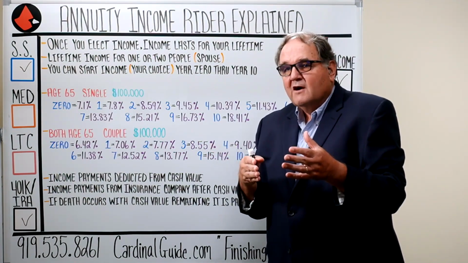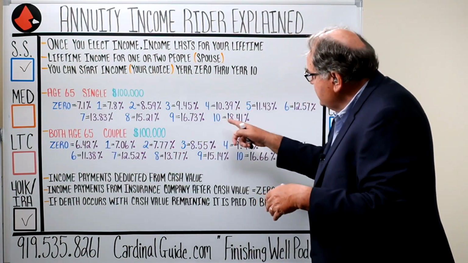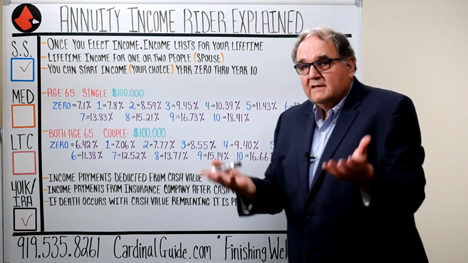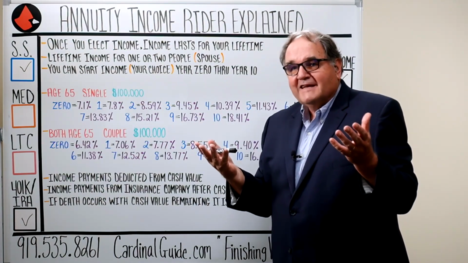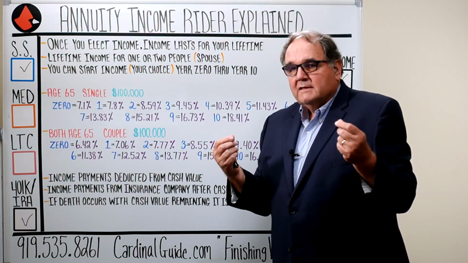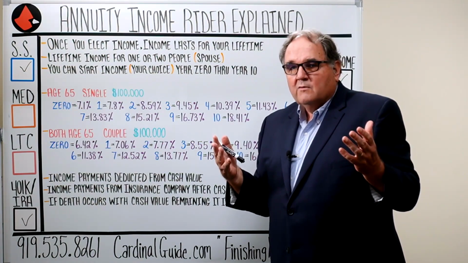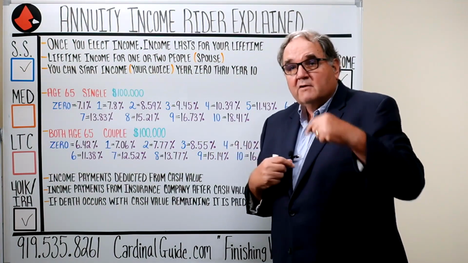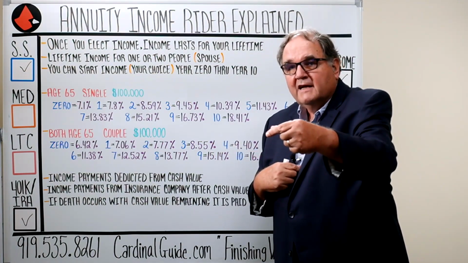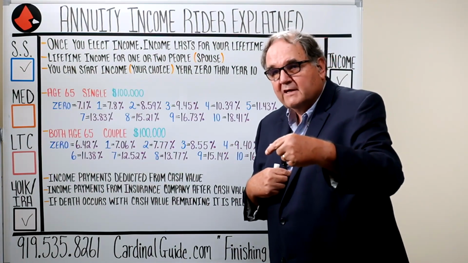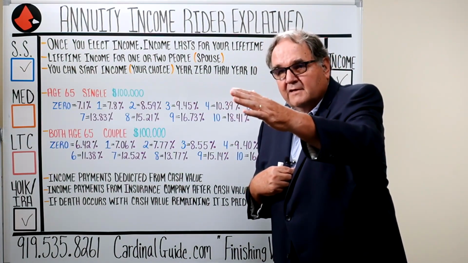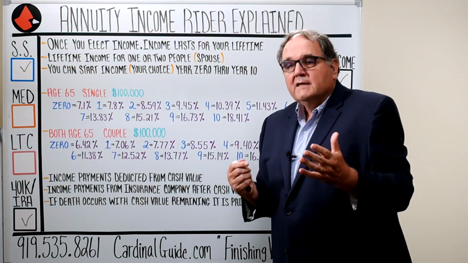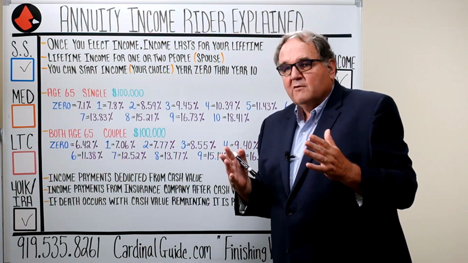Some people want to start it after the full 10 years has had the benefit of increasing the amount that they're going to get. Some people just have different points where we pick and say, okay, we're going to start at this point. How much are we going to get? And then we're going to show that income in the financial plan lasting for either one or both of their lifetimes. But you don't have to stick with your original plan.